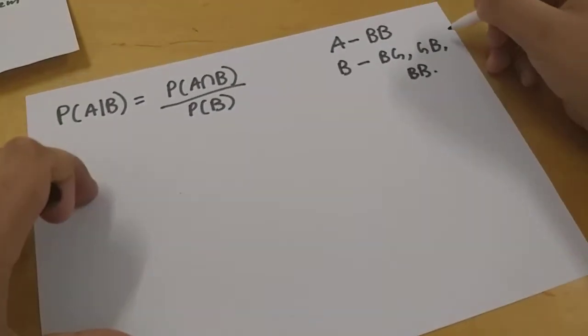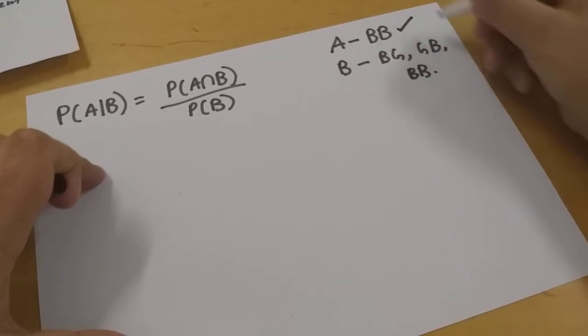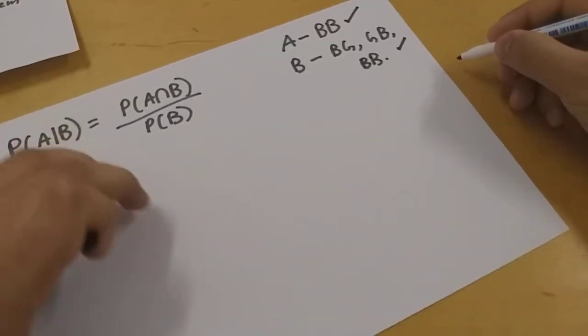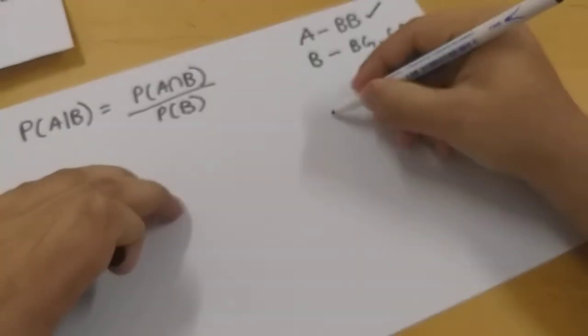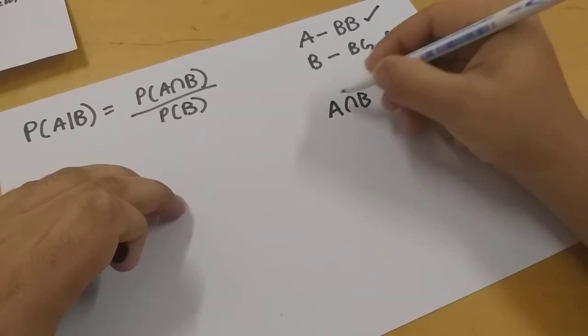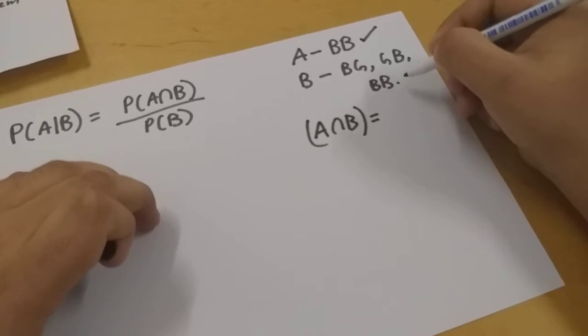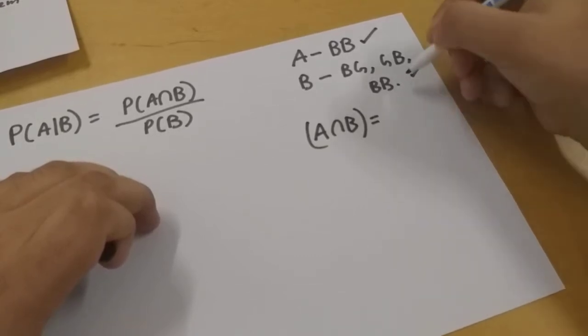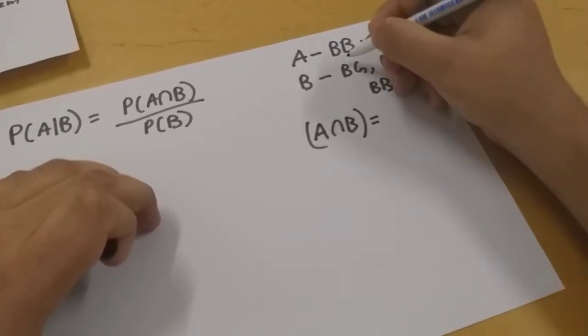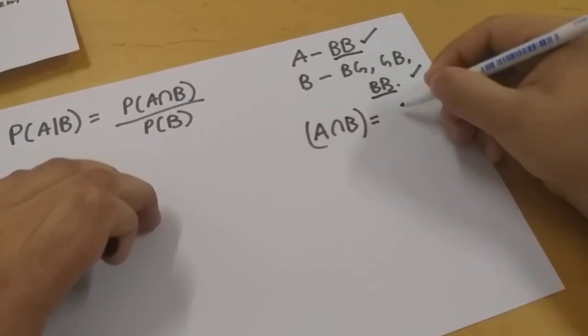So now we have both events. We need to find out A intersection B. We need to find out which event is present in both A and B. We find that BB is present.